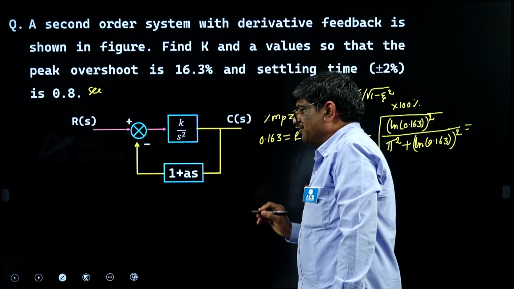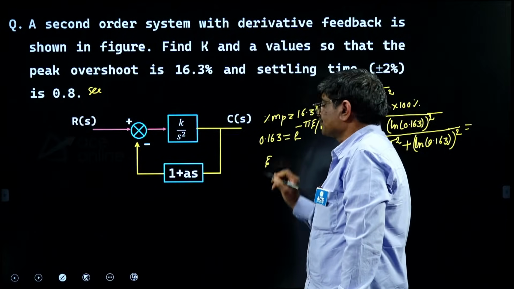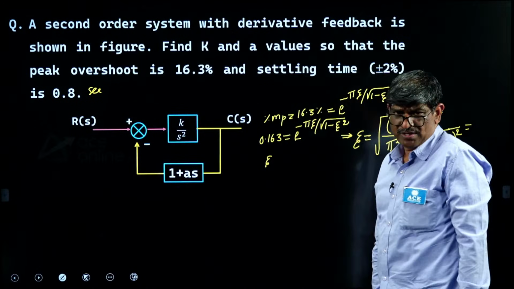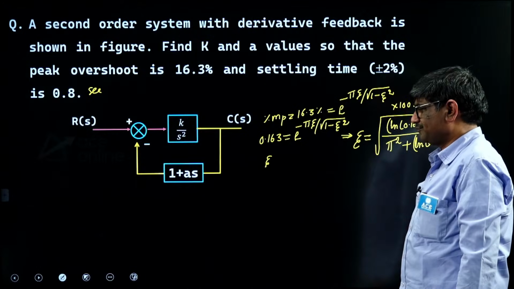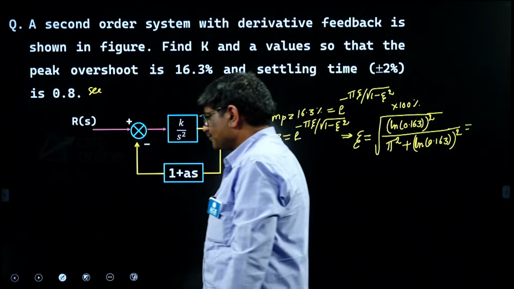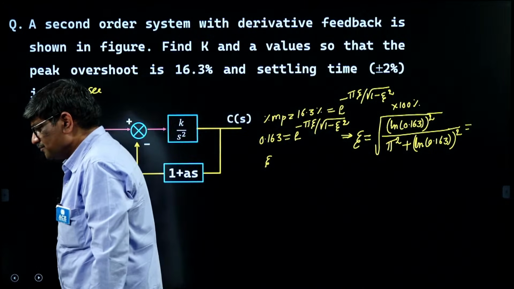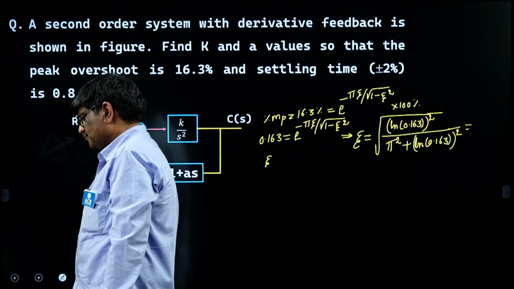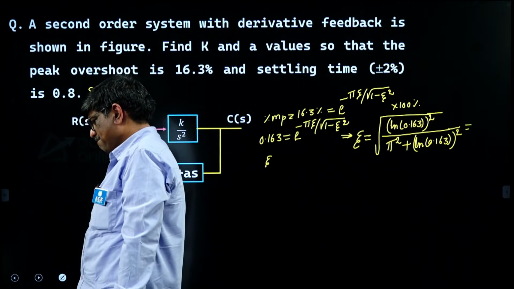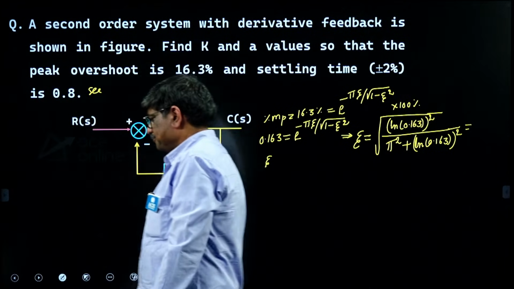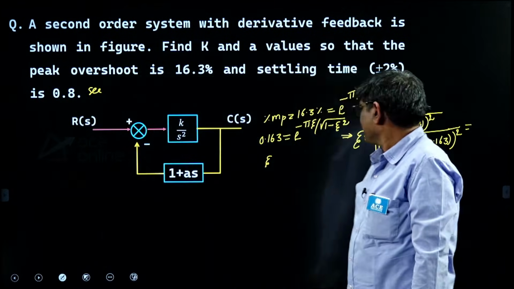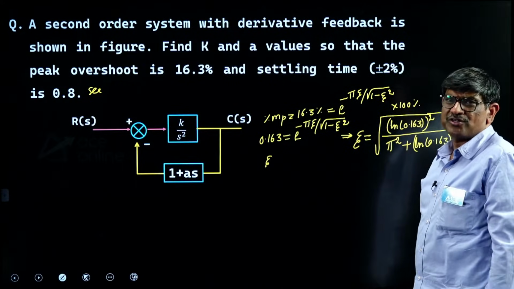Zeta equal to how much? How much, man? Anybody? Is it perfect in using the calculator, sir?